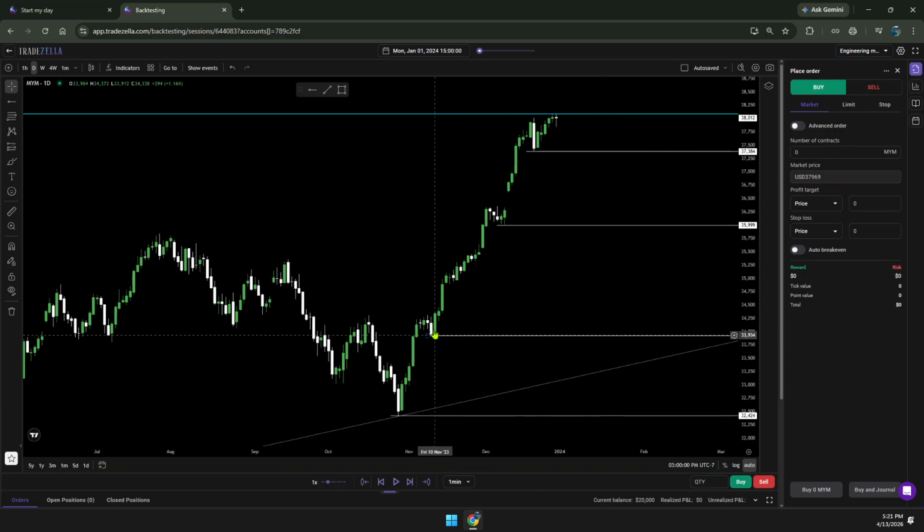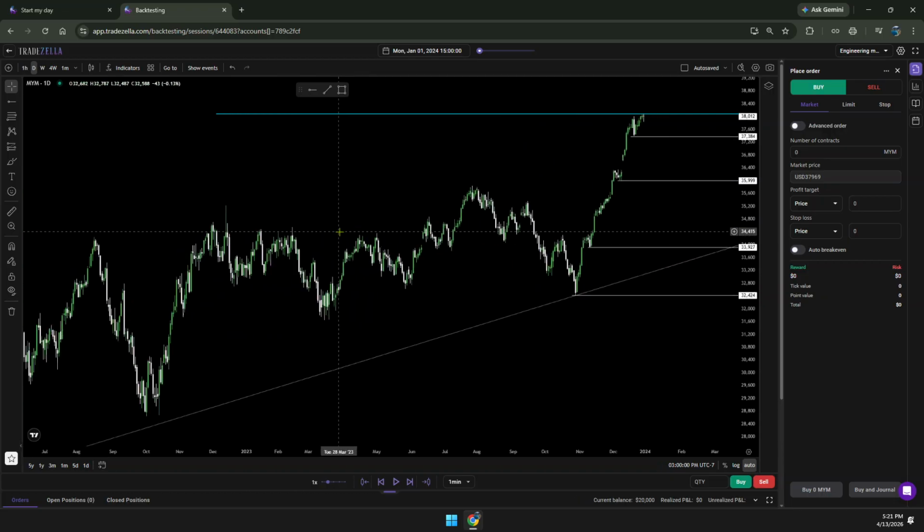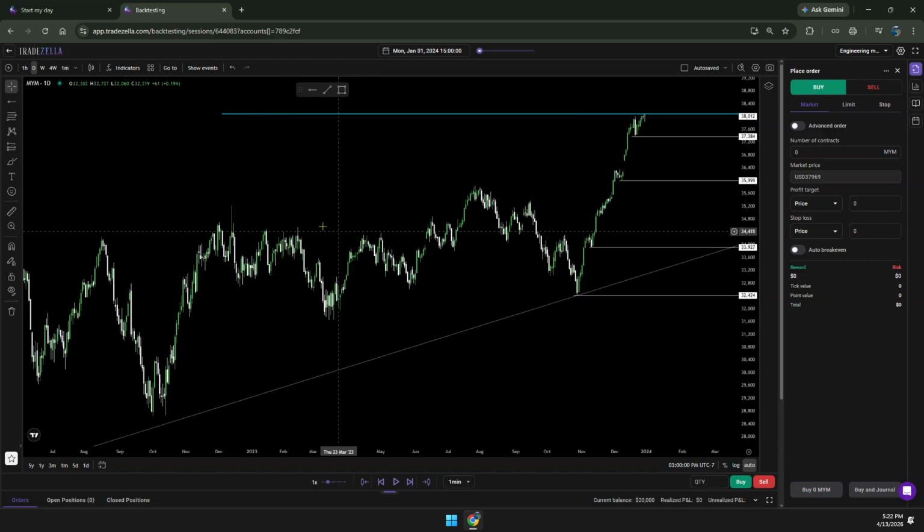I start at a pullback and I'm waiting for another pullback, instead of going all the way back, which is just as good of a support resistance, to sit here and go back and look and see how many touch points you're getting, and then drawing a long support resistance level.